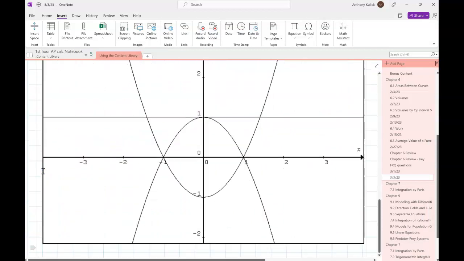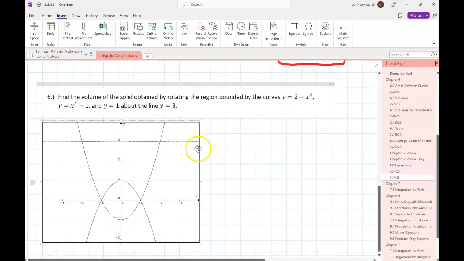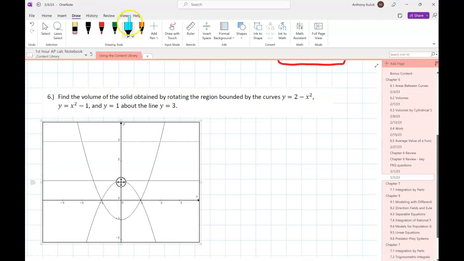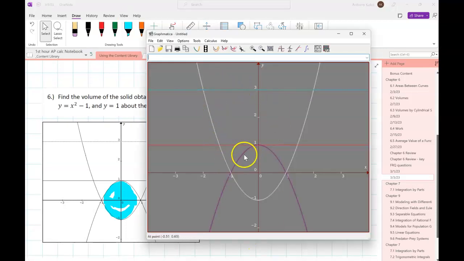So drop that in here for us. Not make it so it's stupidly huge. All right. So we're looking at that region there, right? Oh, that's not right. Nope. I did 1 minus x squared instead of 2 minus x squared.